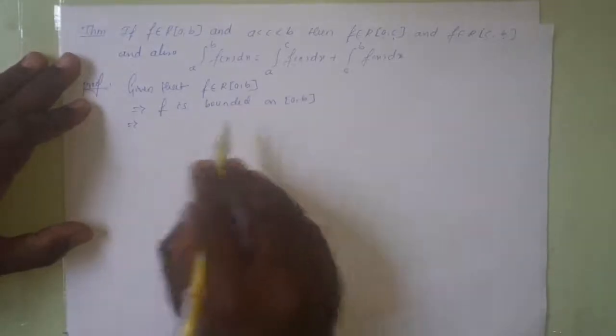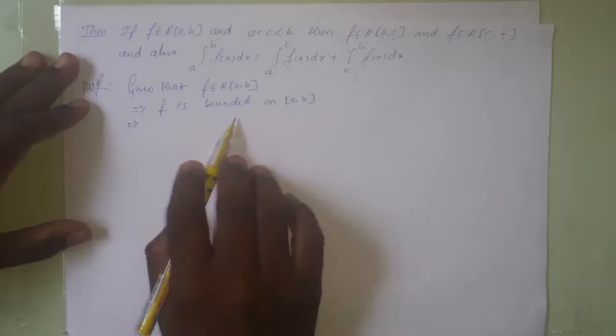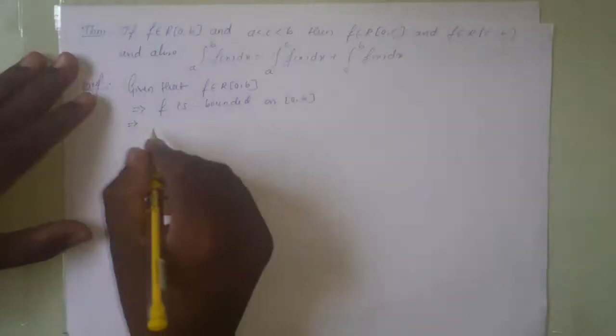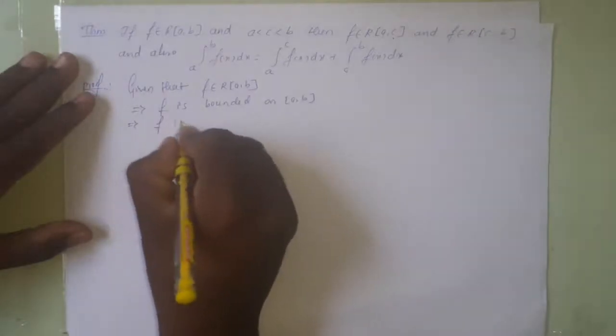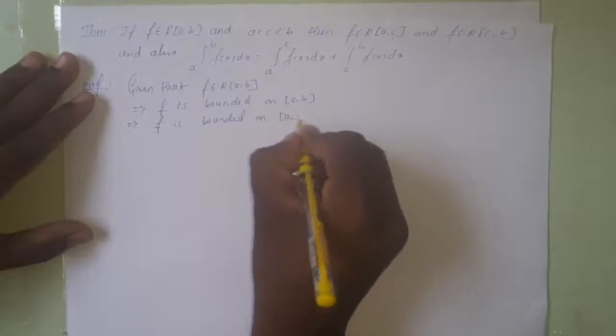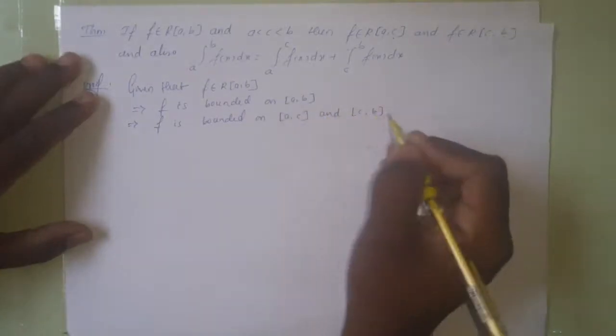Since f is bounded on [a, b], we can say that f is bounded on the two subintervals [a, c] and [c, b].